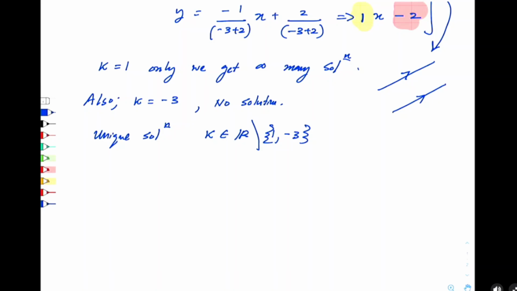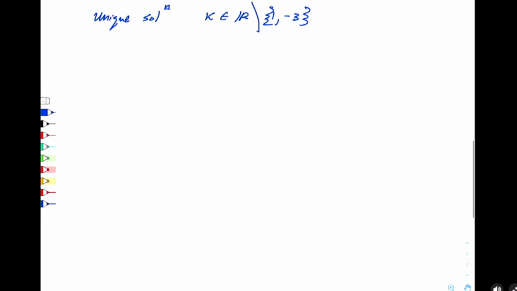So how do you visualize it? For example, if k is equal to 2, they can be like this. If k is equal to 1, they are like this.